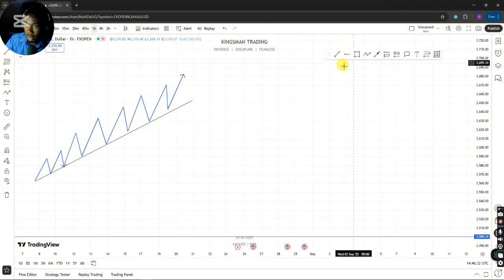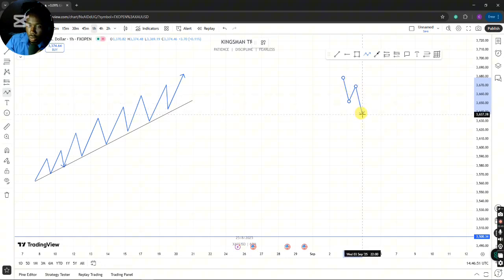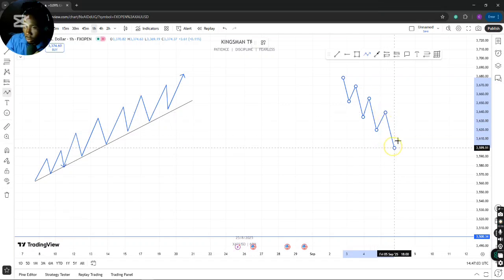For a downtrend, you just flip the uptrend and then you understand. In a downtrend, you see price create a high, then a low, then it creates another high that is lower than the previous high, so it's a lower high. Then it comes down and breaks this structure, creating another lower low, and then lower high, lower low, lower high, and so on and so forth.